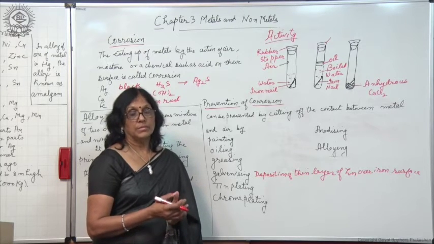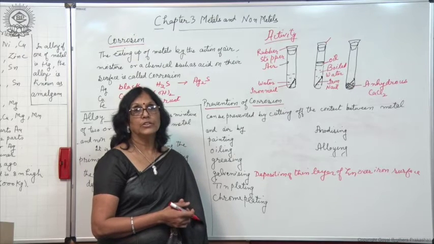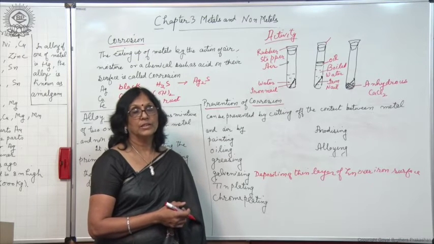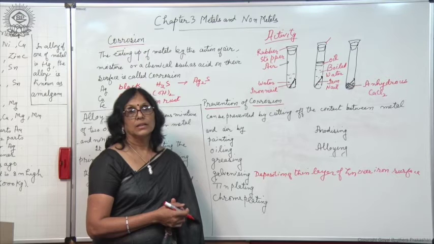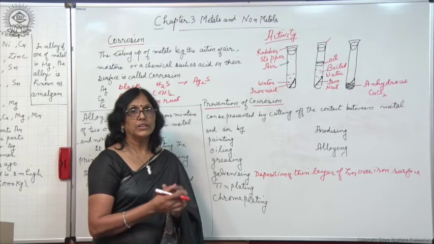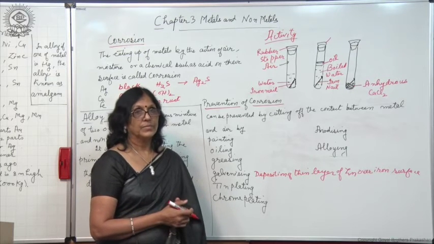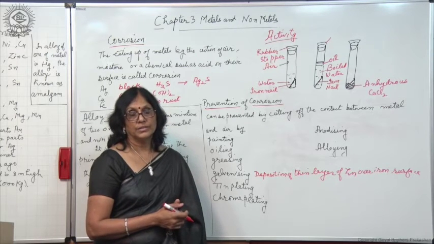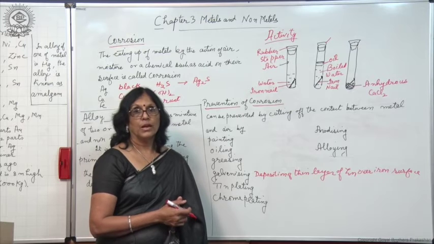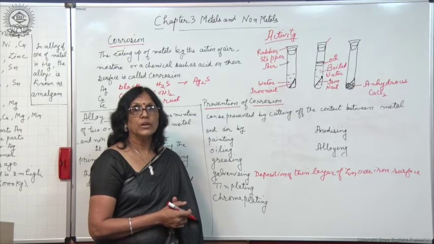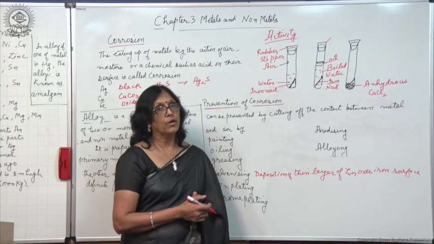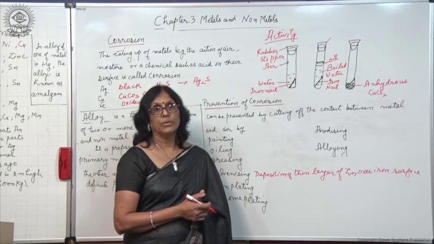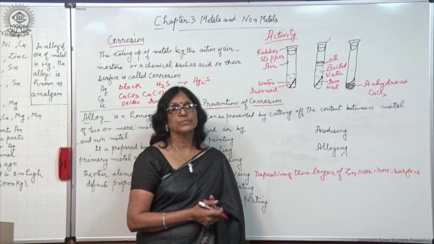Iron is a hard metal, but when it is in the pure state it rusts, that is one thing. Secondly, when it is hot it stretches. If carbon is added to it, it becomes very hard. So, alloying changes the properties of the metal. The properties of the metal change when the alloy is made.